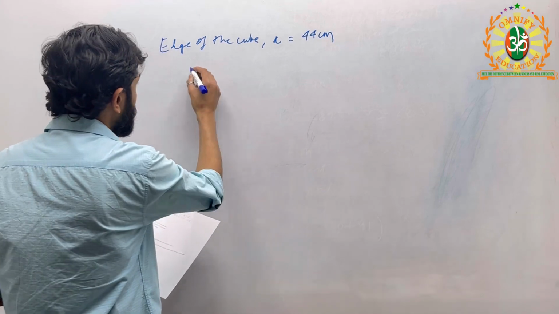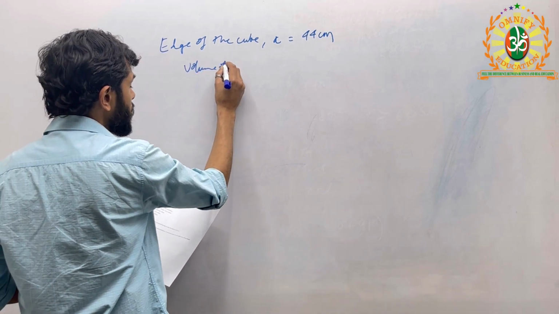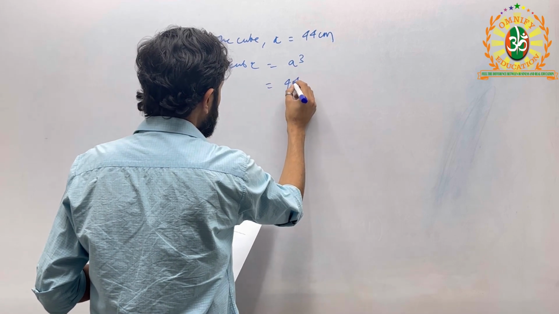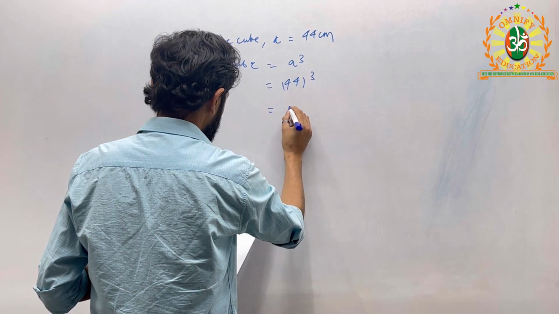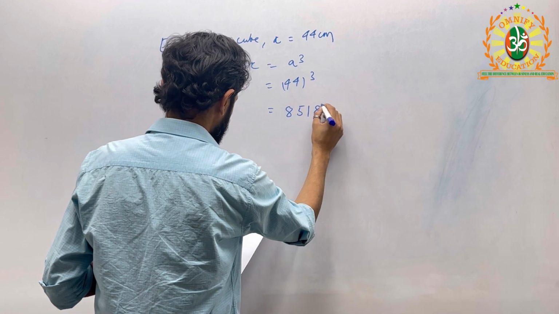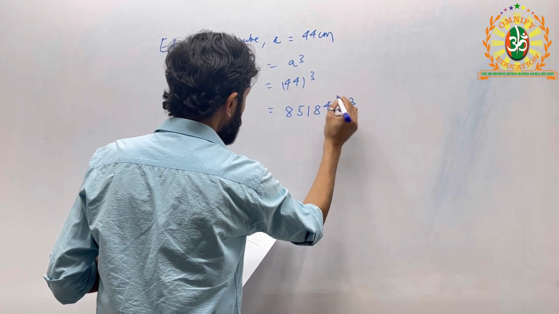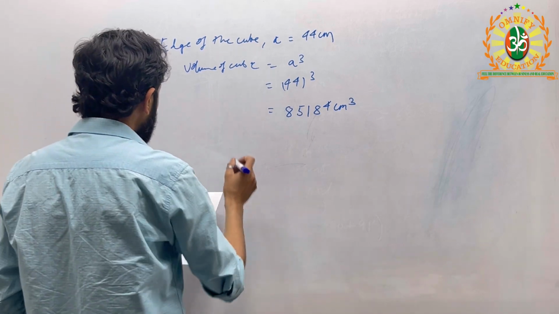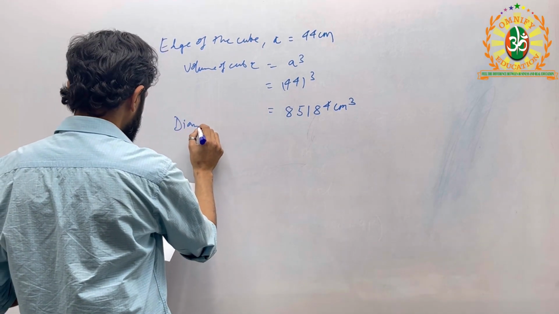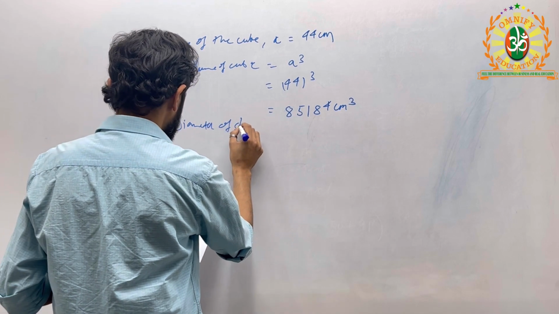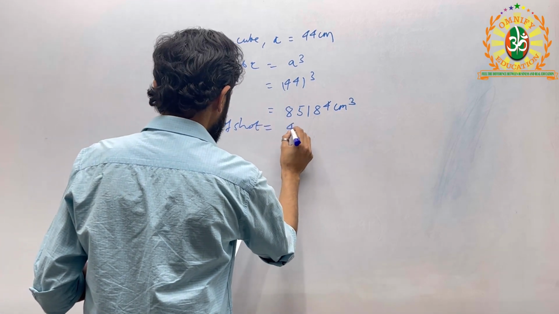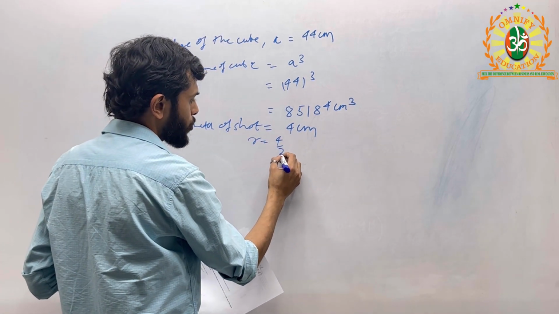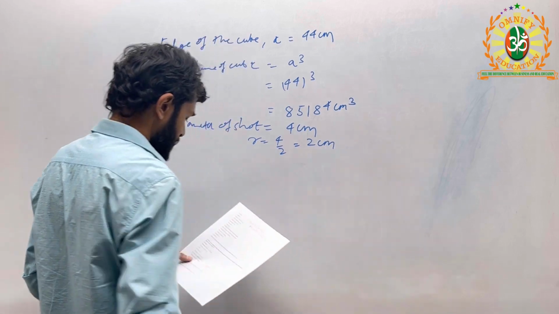We know the volume of the cube is edge cubed, hence 44 cubed, which is 85184 centimeter cube. This is the volume of the cube. Now we have also been given the diameter of the shot, which is 4 centimeter. Hence the radius would be 4/2, which is 2 centimeter.